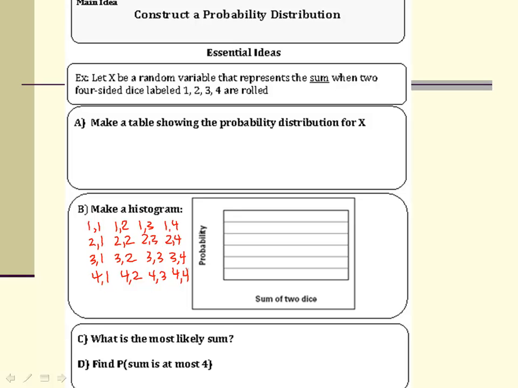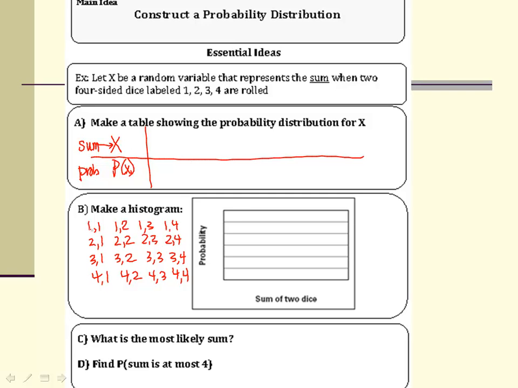Okay, and so we wanted to talk about what are the sums, and so we're going to make what we call a probability distribution table. So I'm going to make a table where x is talking about the sum, and p of x is the probability that you get that sum. Now as I look at my dice, what's the smallest value that I could get for the sum?